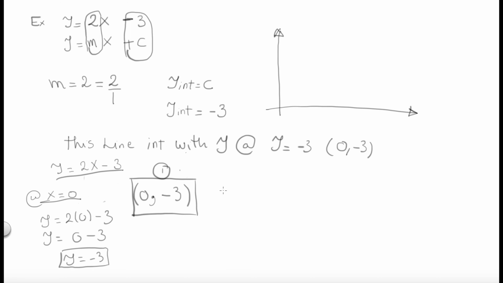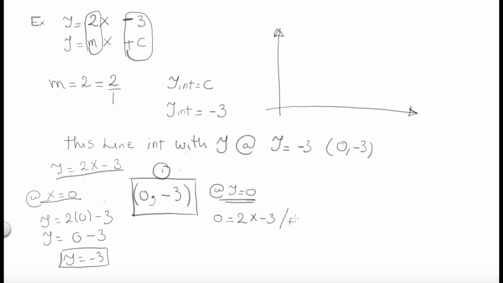What is step 2, or what is the second point? Let's put y as 0 and substitute in the equation and find the corresponding x. So at y is 0, 0 is equal to 2x minus 3.